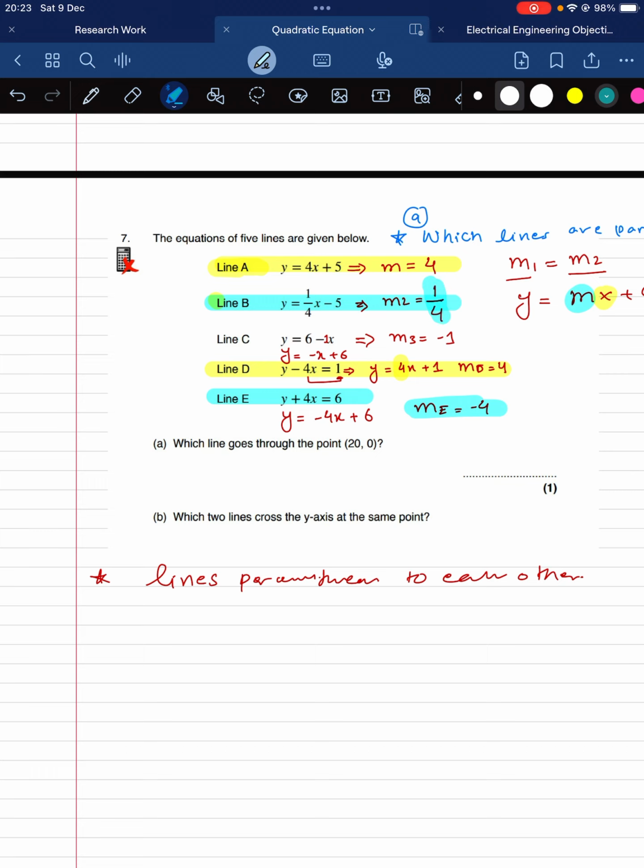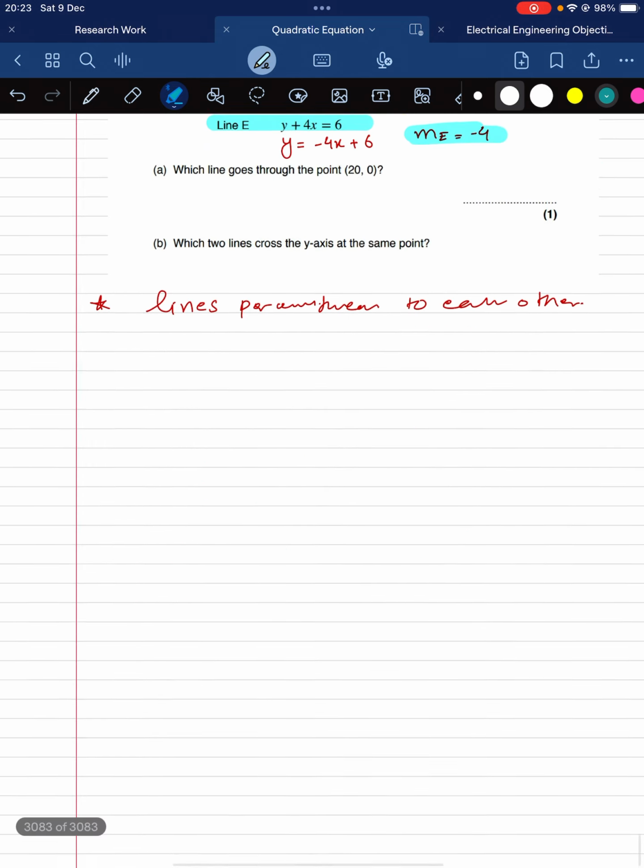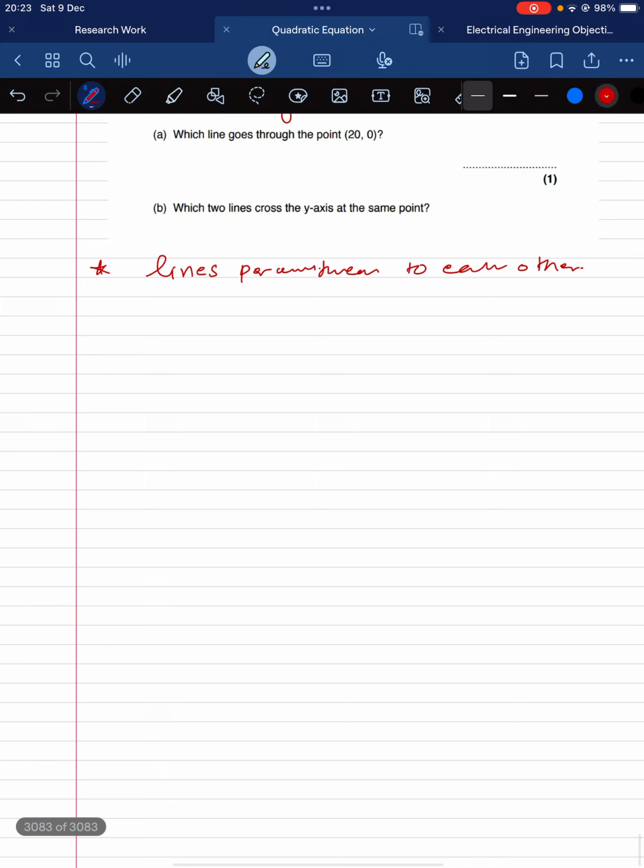Okay, and one thing we haven't covered yet is how we find the y-intercept. Let's say I have this equation y is equal to 3x plus 12, and they ask you to find the y-intercept. This value represents the y-intercept, so it cuts the y-axis at the point 0 comma 12.